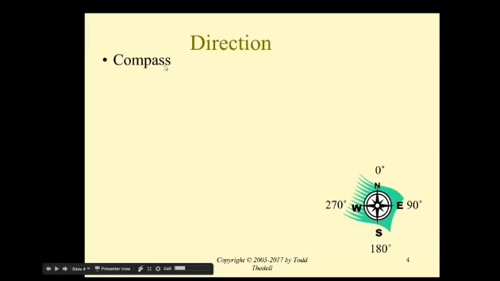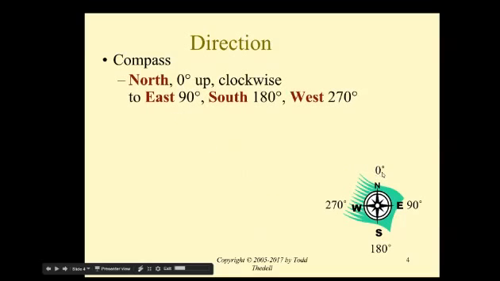Directions are sometimes represented by the compass, which I'm showing in the lower right here. North being 0 degrees would point towards the North Pole, according to a compass. Then going clockwise, 90 degrees would be east, 180 degrees south, and 270 degrees west.